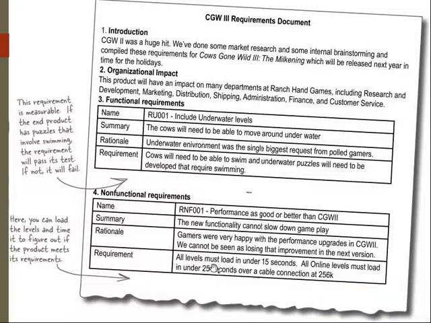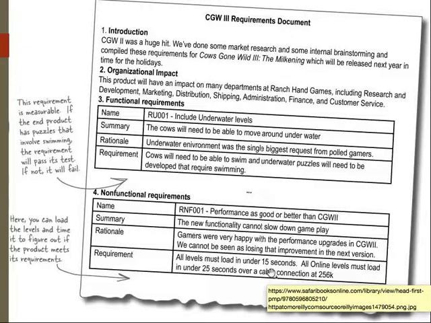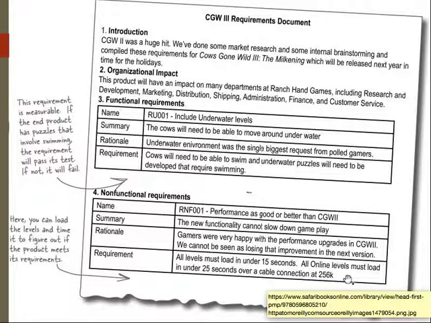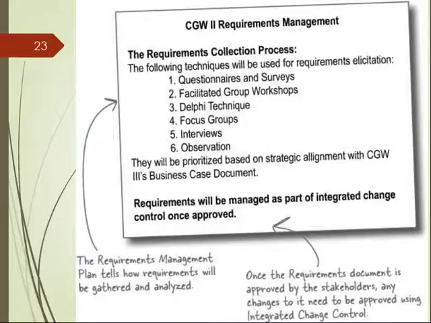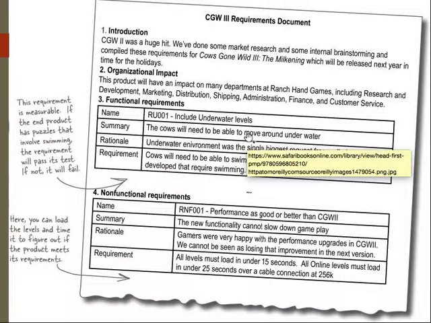For example, the time to load the game up to the next level must be under 15 seconds. As a company, you probably want to keep track of all these data for your previous version so that you can improve in the future. So that is a sample of the requirements document.